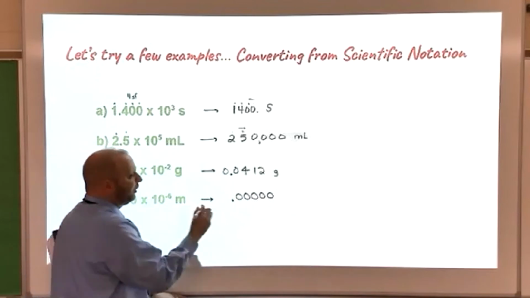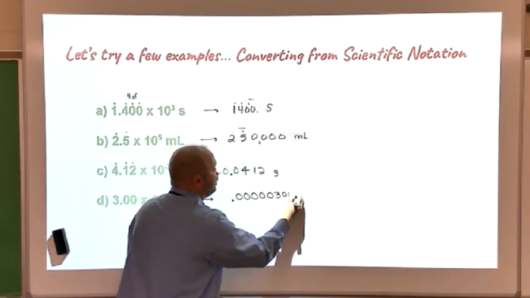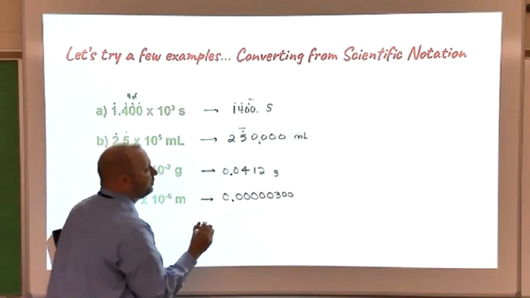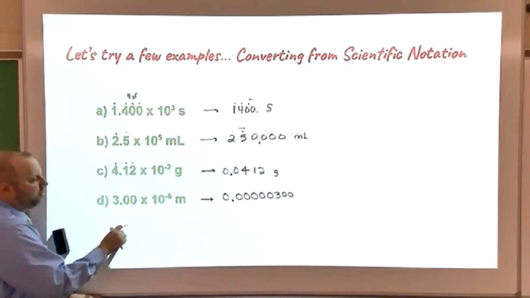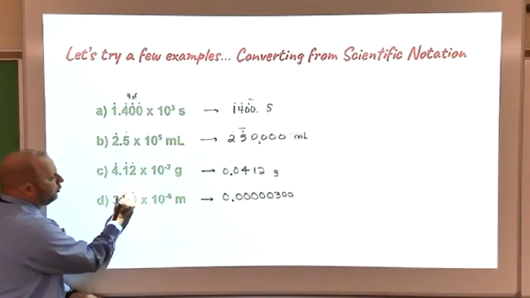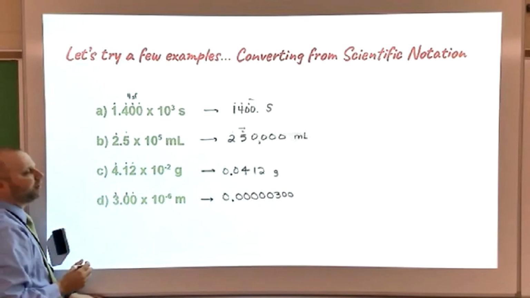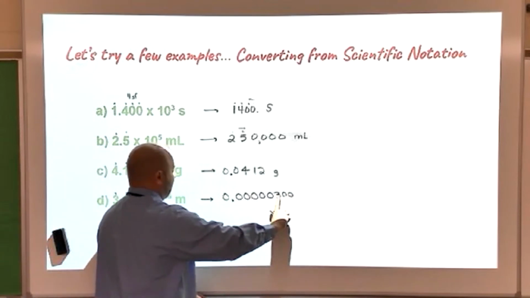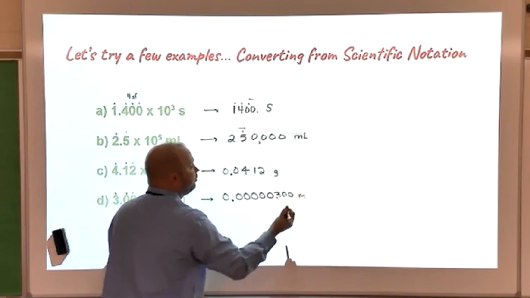Then I have my 3, and I'm going to keep those 2 zeros at the end. So let's take a look at this number. We have 1, 2, 3 significant figures here. We have 1, 2, 3 significant figures here. We have a unit of meters.